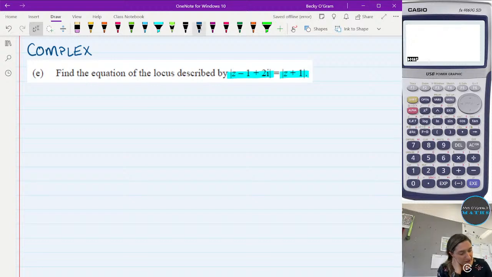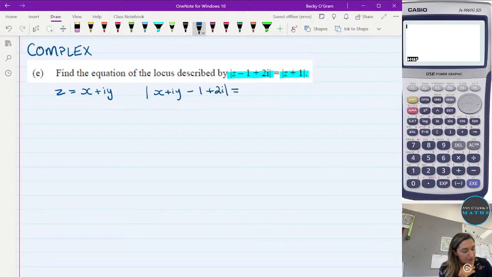So if we are doing the modulus of this thing, first of all we need to turn z into something where we can separate the real and the imaginary parts, and that's almost always the first step in solving loci questions. So if we put that into the left hand side, we'll have x plus iy minus 1 plus 2i, and on the right hand side x plus iy plus 1.